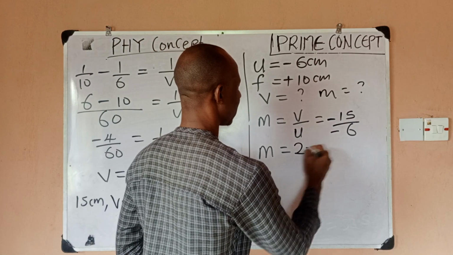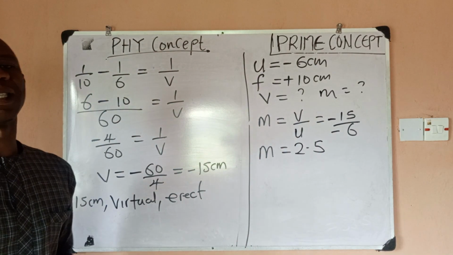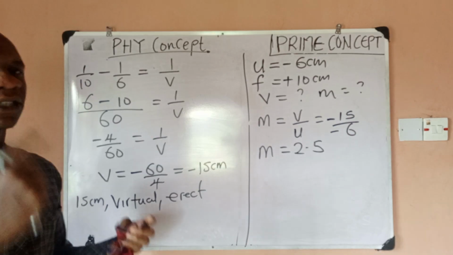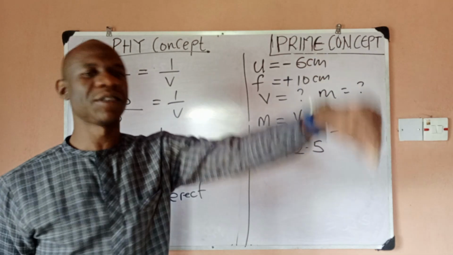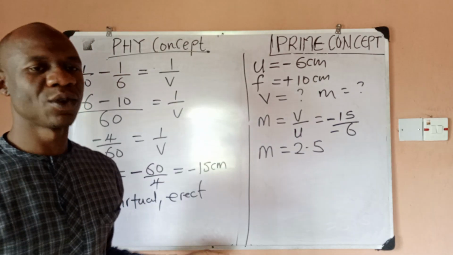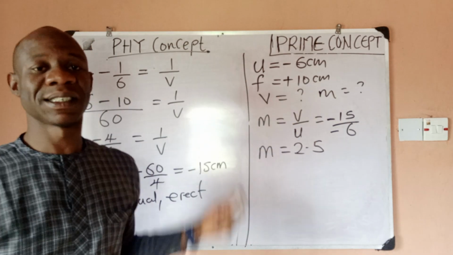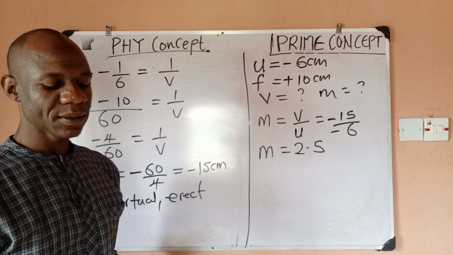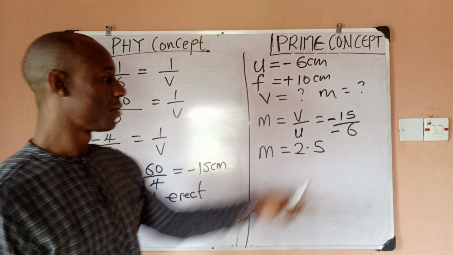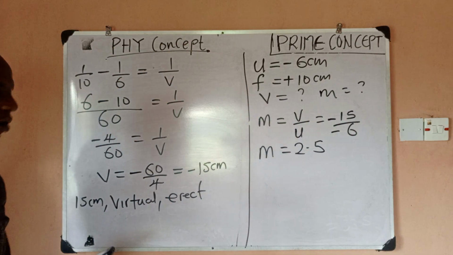You can see it's much bigger than 1. It means that your image is 2.5 times the size of your object. How do I know? If my object is 6, I'll just say 2.5 times 6, which gives me the size of the image. 2.5 times 6 gives you 15. So your image is 2.5 times the size of your object.